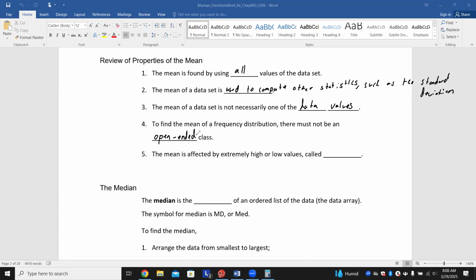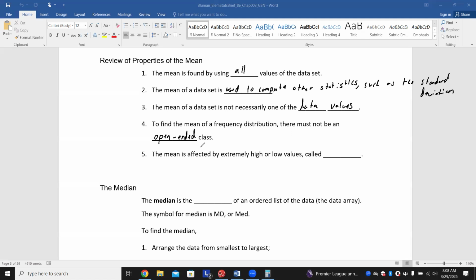It can't be like 180 and more, and then it becomes open, and then a lot of data can be thrown back into it. It has to be closed, mainly because you have to find that midpoint. So if I have 180 or greater, I don't have a midpoint for that class. So it has to have boundaries. So 180 to 190, 191 to 210, or whatever the case might be.